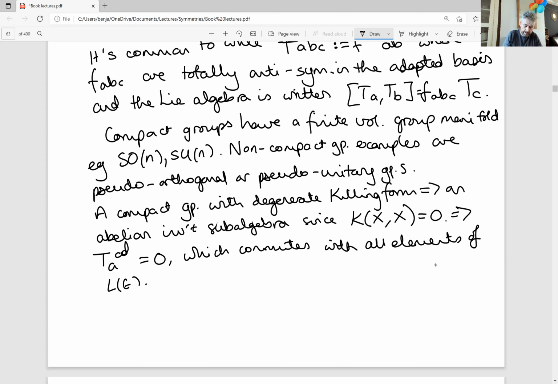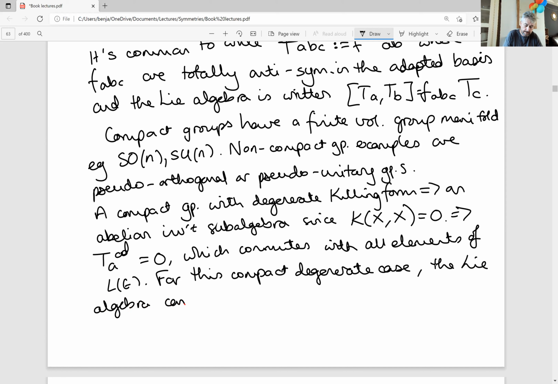So for this compact degenerate case, the Lie algebra can be decomposed into a direct sum of a semi-simple part and an abelian part.